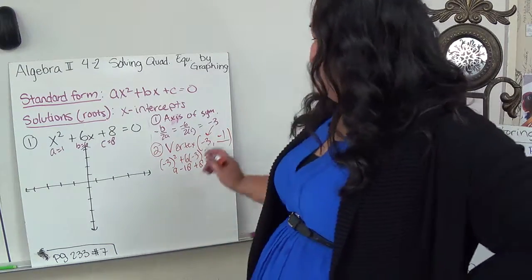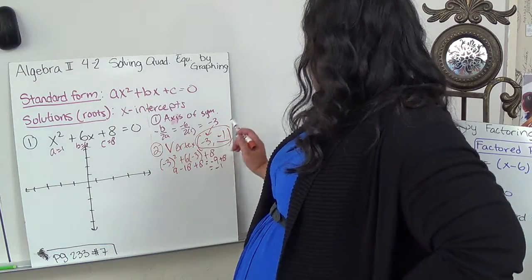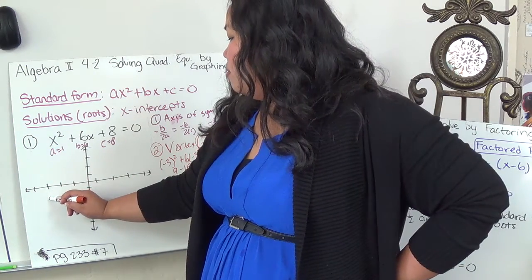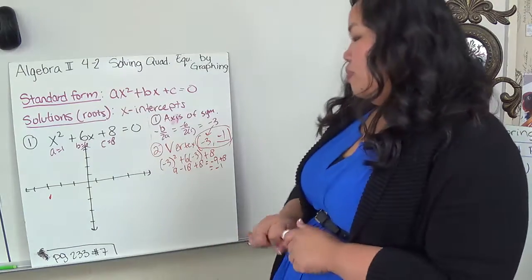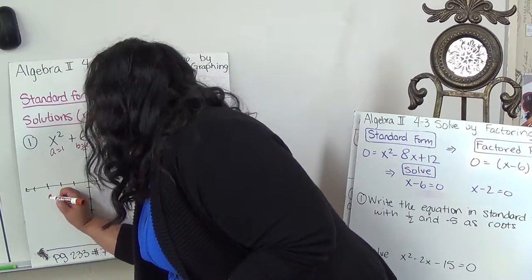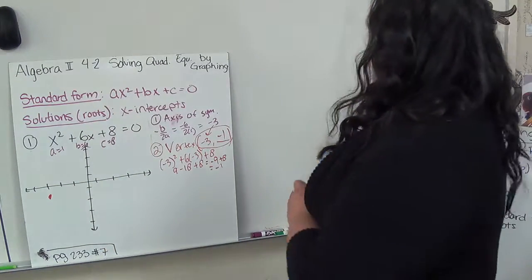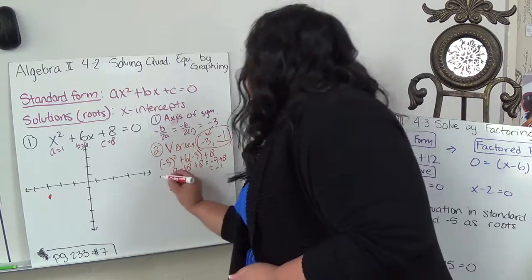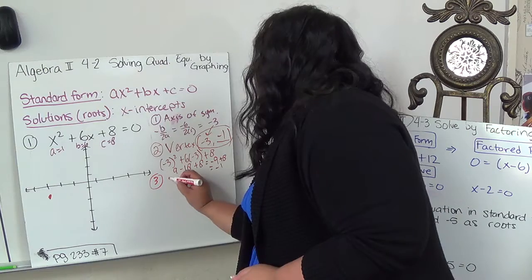So our vertex is negative 3, negative 1. Okay. So our next step is to then use a table.